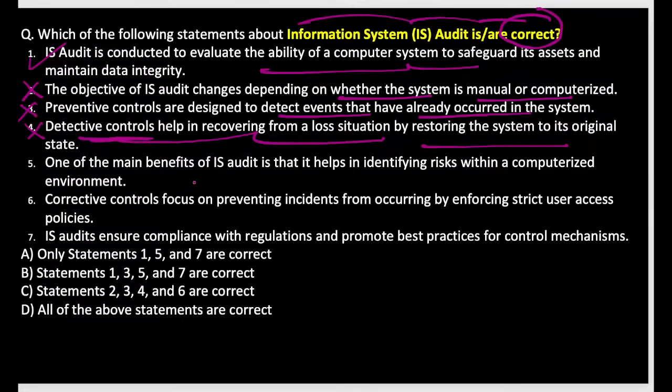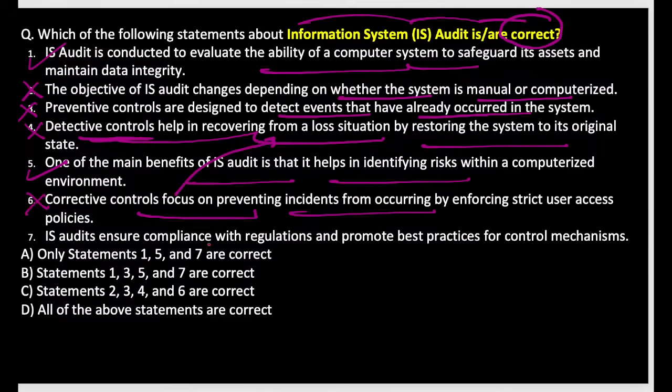One of the main benefits of IS audit is that it helps in identifying risk within the computerized environment. Yes, absolutely correct. Corrective control focus, yes. Preventive, no, it is feed forward, meaning a situation like this, okay. So this is also wrong.